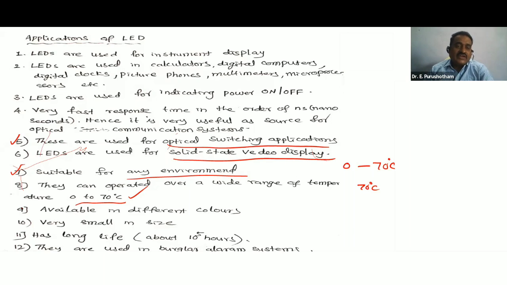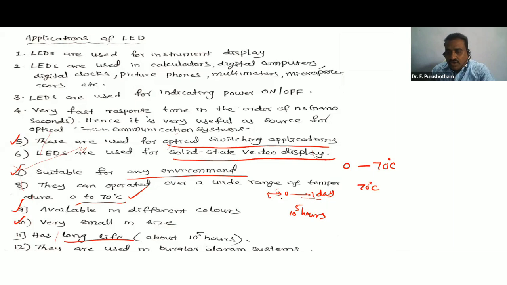They are available in beautiful, different colors. Very small in size. These have a long lifetime, 10 to the power 5 hours. For example, the LED device works from 0 time to 1 day.